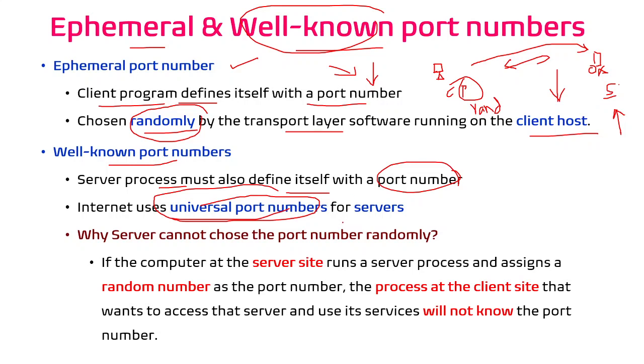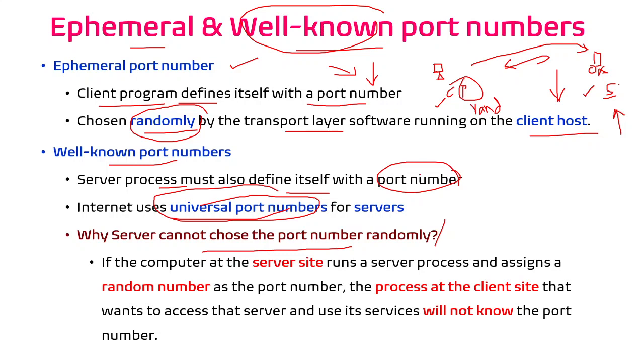So now we are all questioning, right, why the server cannot choose a port number randomly. As I said earlier, the client should choose a random port number. On the server side, it should open a unique or well-known port number, right? So this is called an ephemeral port number, which is opened at the client side. Here it is called a well-known port number.